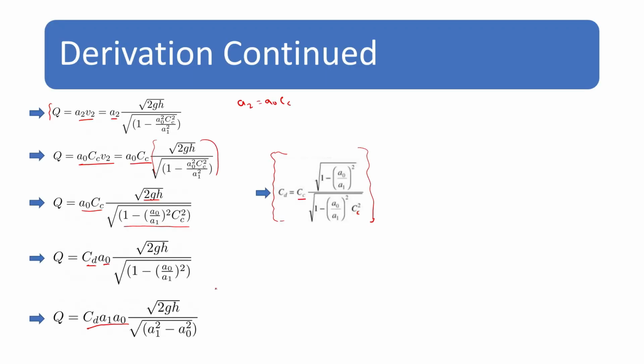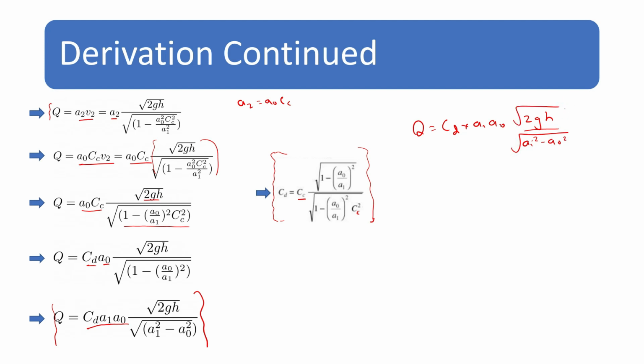So this is the final equation for the orifice meter: Q is equal to Cd into A1 A0 root of 2gH by root of A1 square minus A0 square.